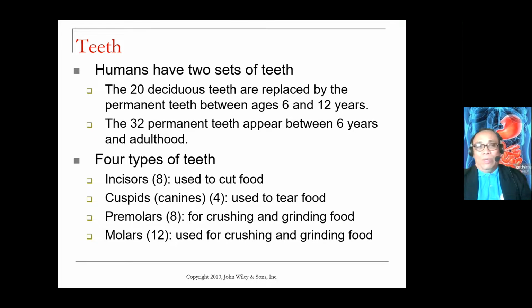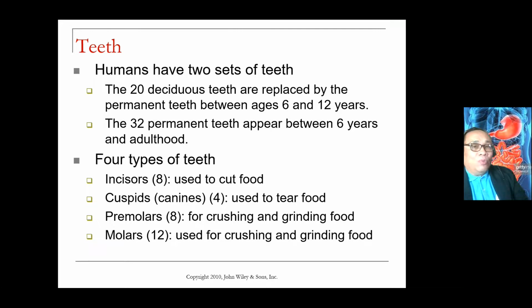But as soon as the 20 deciduous teeth have all been removed, there will now be 32 permanent teeth. Meaning to say, out of the 32 permanent teeth, 20 are succedaneous. Meaning to say, etong 20 na to ang pumalit dun sa 20 temporary teeth.